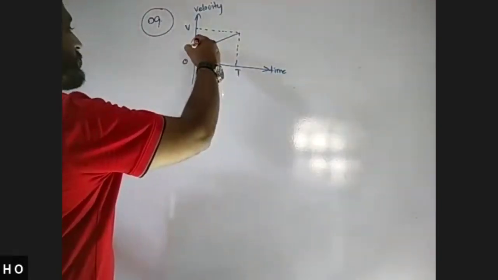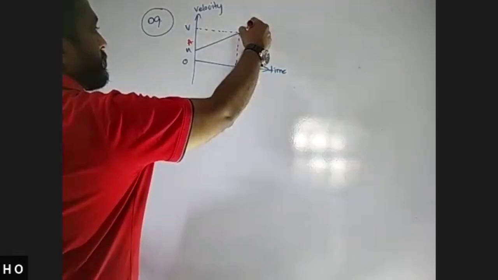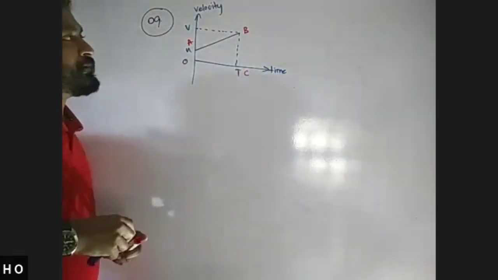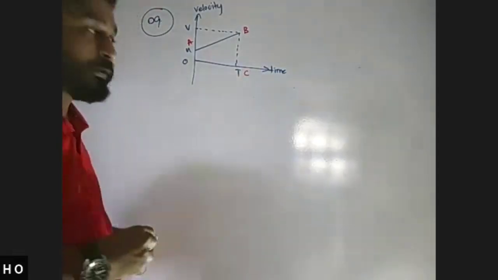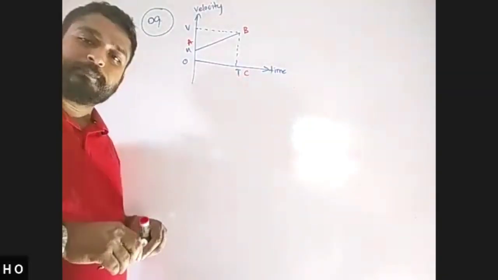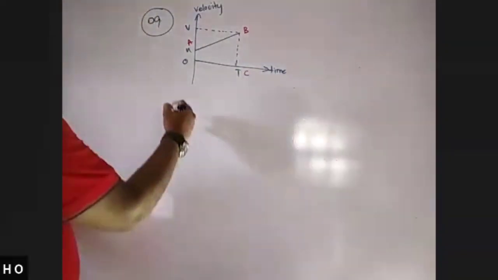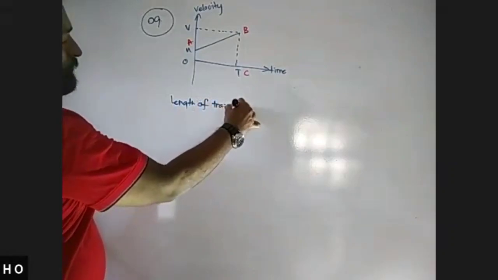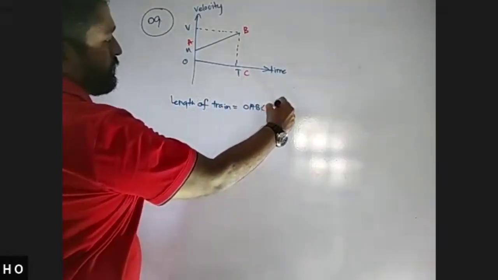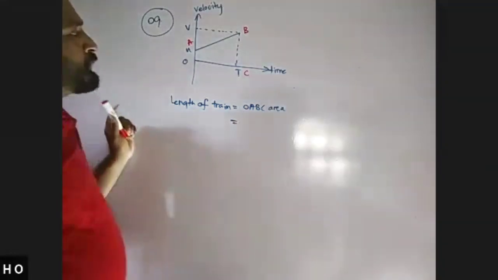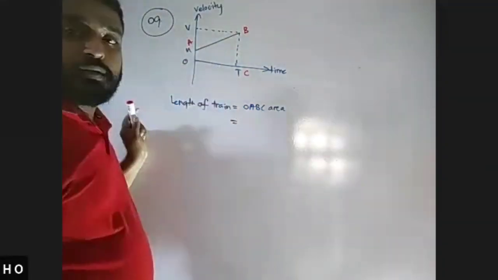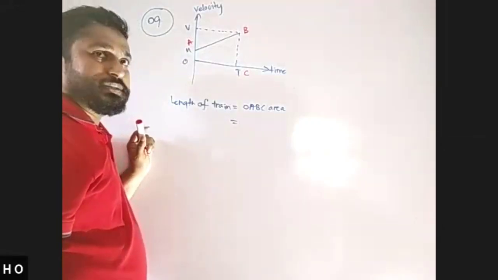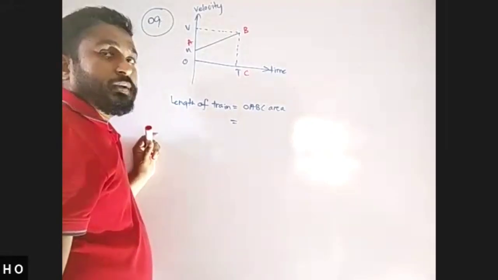I'm naming these points A, B, C. The length of the train equals the area of OABC, which is a trapezium: the sum of the parallel sides times the perpendicular height divided by 2.